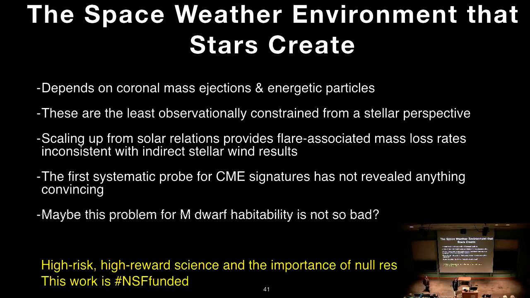Could you use planets as a probe of CMEs via low-frequency emission from, say, a giant planet impacted by a CME, or auroral emission, something like that? Okay, so the question is, could you use planets as a probe of CMEs by looking at low-frequency emission? It's an interesting idea.